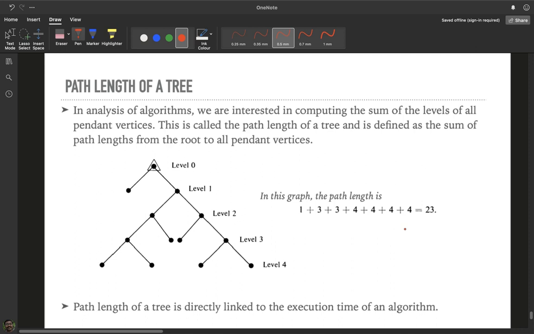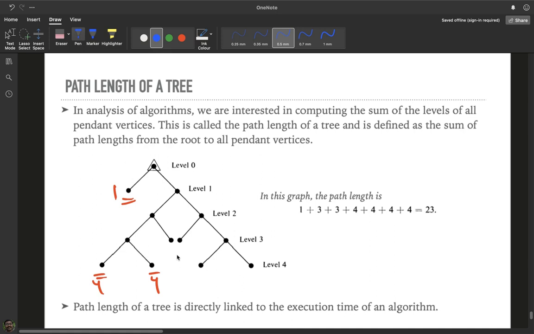For example, if you look at this tree, what's the path length here? You look at the pendant vertices and their levels. This vertex has level 1, this has level 2, this has level 2, this is level 4, this is level 4. Sorry, I have made a mistake here. This vertex has level 3, because it's at the third level there.